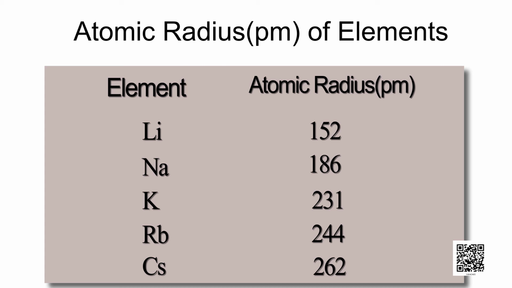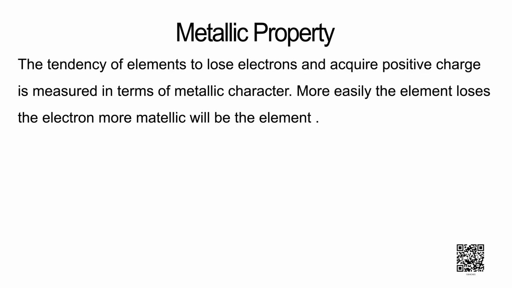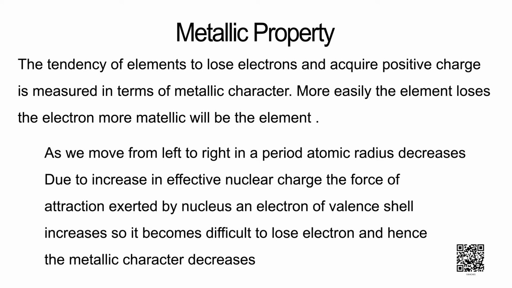Dear students, let us discuss metallic property. The tendency of elements to lose electrons and acquire positive charge is measured in terms of metallic character. The more easily the element loses the electron, the more metallic the element will be. As we move from left to right in a period, atomic radius decreases.